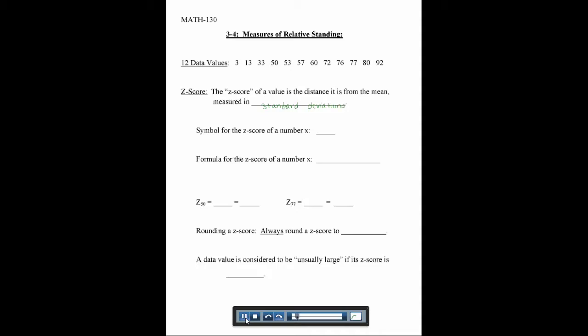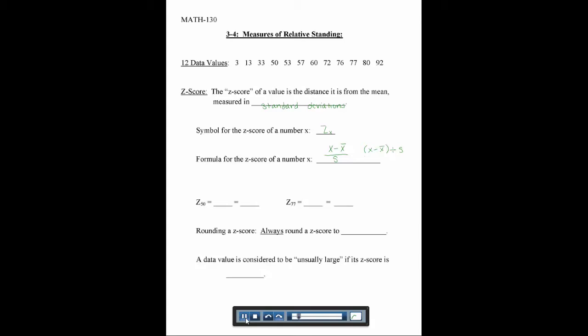So the symbol we use for the z-score of a number x is z with a little subscript x. Okay, and the formula is we want to take x minus the mean divided by the standard deviation. And when you do this on your calculator, you'll always want your numerator in parentheses and then divided by your standard deviation.